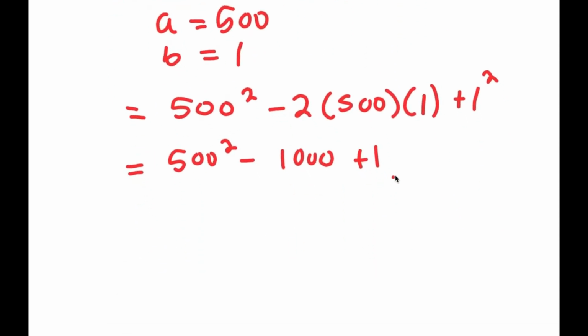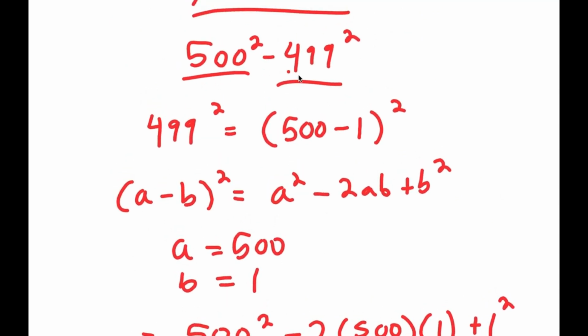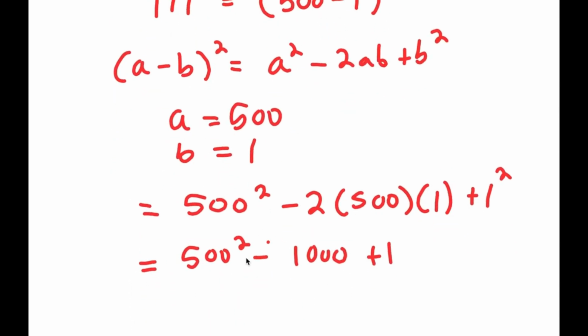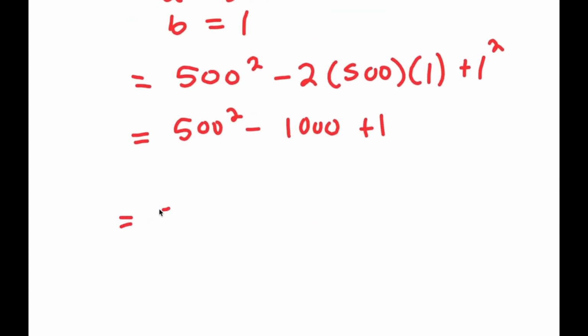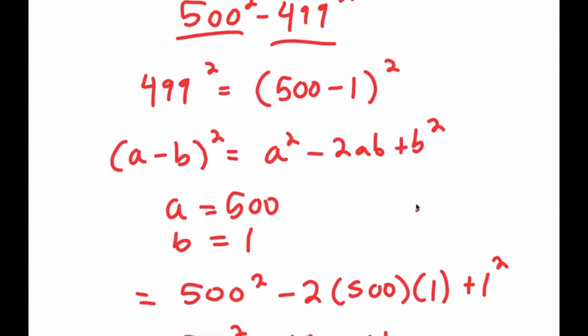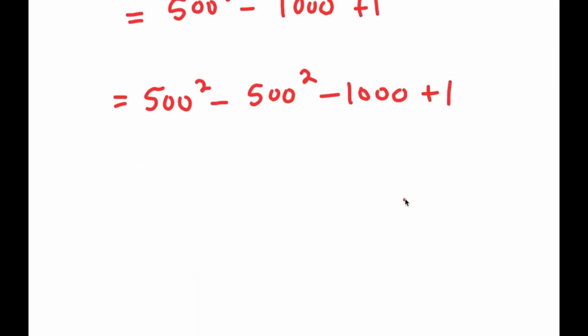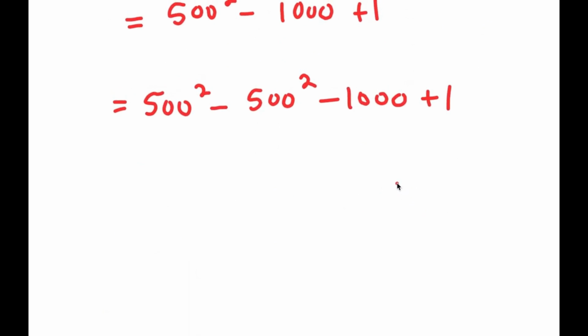And now we can go back and replace 499 squared with this. So we get 500 squared minus, 500 squared minus 1000 plus 1. And this is all in parentheses, by the way.